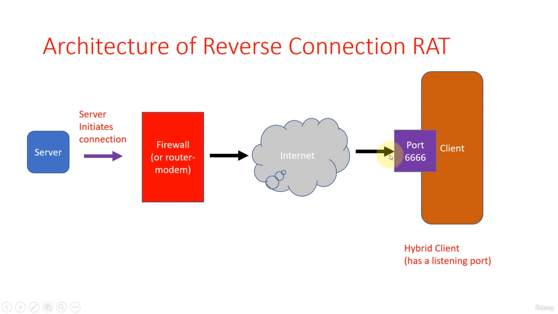And the client, we are going to design in such a way that it has a listening port 6666, and the reason why we chose 6666 is only for instructional purposes. If you are going to deploy this on the internet, it will be better to use port 80, and the reason why is because firewalls do not block port 80.